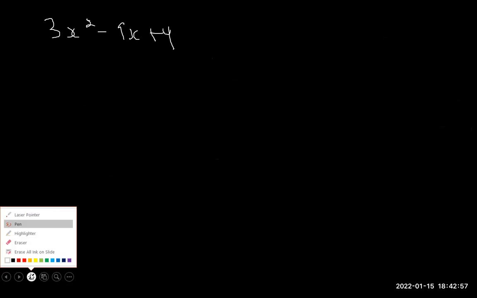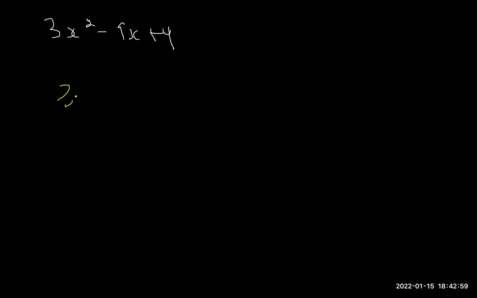3x squared minus 9x plus 4. So just do it real quick, right? Oh god, that method wouldn't be very nice to do right now. Okay, I will still do it.